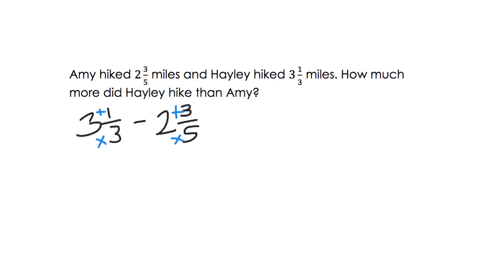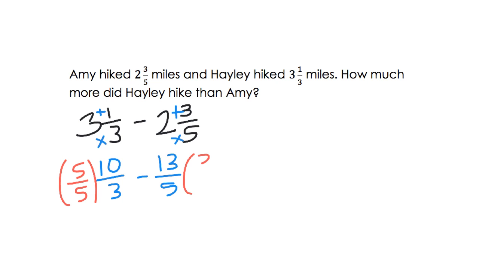3 times 3 is 9 plus 1 is 10 over 3 minus 5 times 2 is 10 plus 3 is 13 over 5. Then I need to make a common denominator, and these will both go into 15ths. So multiply this fraction on the left by 5 over 5, and multiply the fraction on the right by 3 over 3.